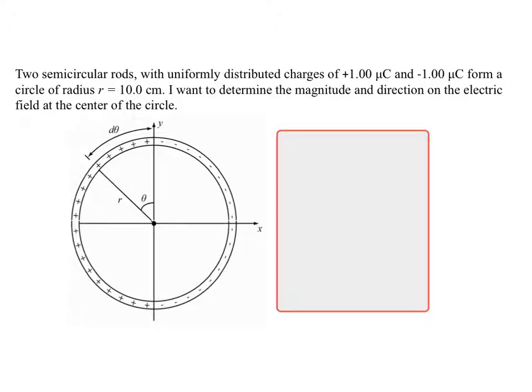All right, now let's extend that problem quite literally and have a left semicircle that's all plus and a right semicircle that's all minus.